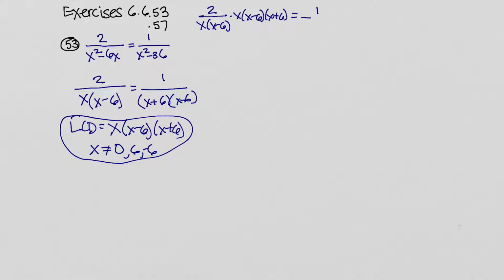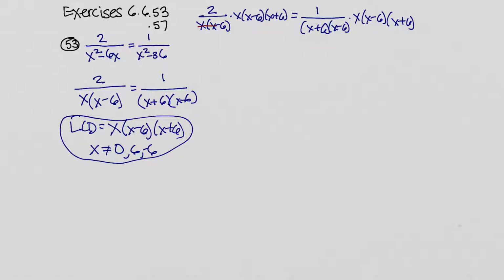So we'll get 1 over x plus 6, x minus 6 times the LCD, x minus 6, and then x plus 6.